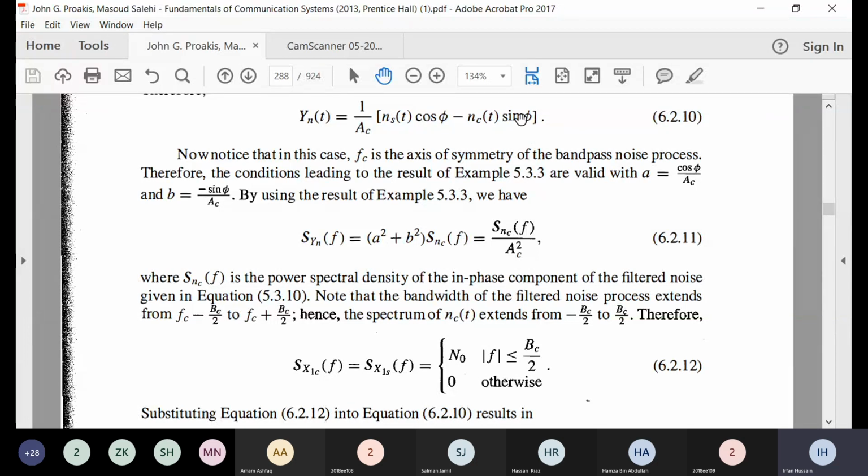This will be minus sine, whole squared, over AC squared, so this will become sine squared. So this will be cos squared plus sine squared over AC. You can see AC comes out to be common, and cos squared plus sine squared is 1. So your power spectral density comes out to be S_NC, the spectral density of NC. You can also write N_S, both are the same, divided by AC squared, where S_NC is the power spectral density of the in-phase component, but you can also write this as S_NS because the power densities of both of them are the same.